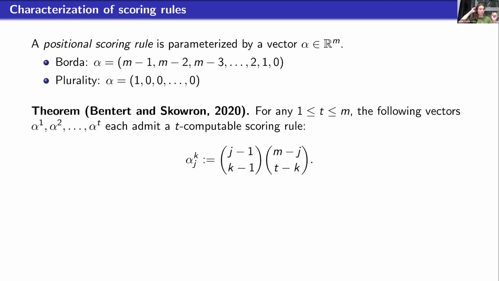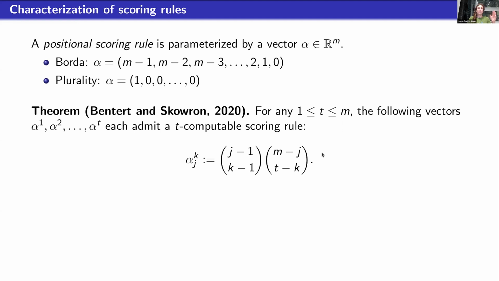If you look at this paper from Bentert and Skowron in 2020, they showed, and again, this is phrased in a completely different language, and they use something more similar to our noisy query model than the exact query model, but this is essentially shown in their paper that the following vectors, alpha 1 through alpha t, each admit a t-computable scoring rule. And what is the vector? What is the jth component of this kth vector of this family? It's the vector whose jth component is this binomial expression involving j, k, m, and t.